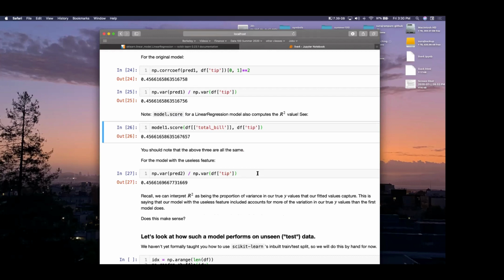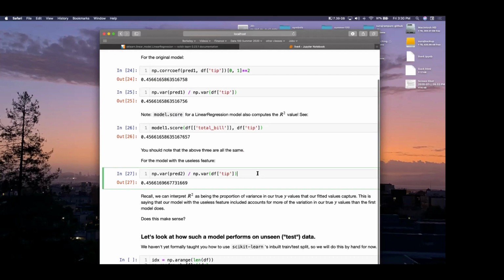Why did it go up? Why is this multiple R squared value higher than the other one? Any ideas? We interpret multiple R squared as being the proportion of variance in our true y values that our fitted values were able to capture.